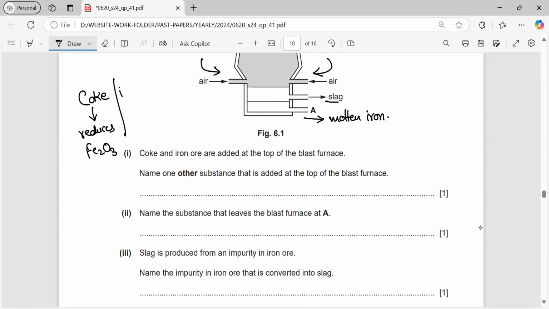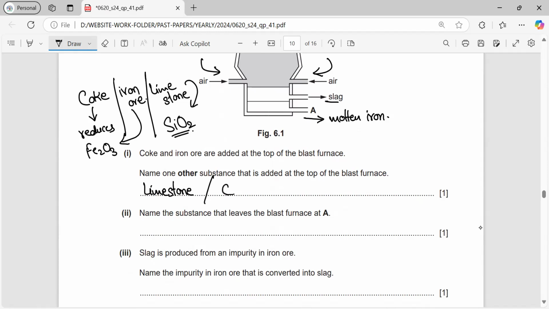Then we are using the iron ore from which the iron will be extracted. The third thing we use in the blast furnace is the limestone. The limestone is used to remove the impurity, which is sulfur dioxide. So name other substance which is added. It is limestone or calcium carbonate.